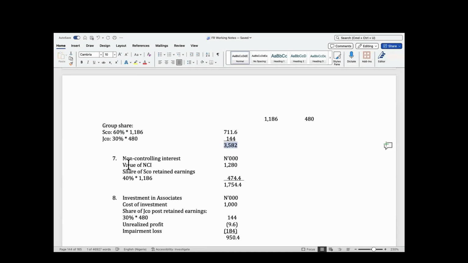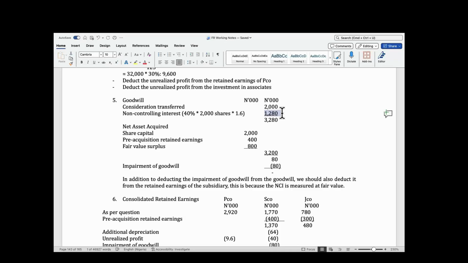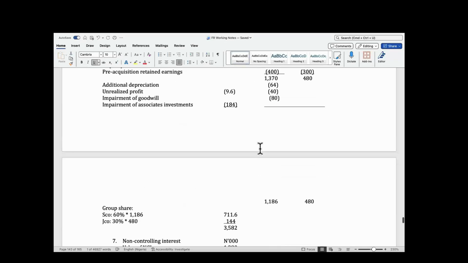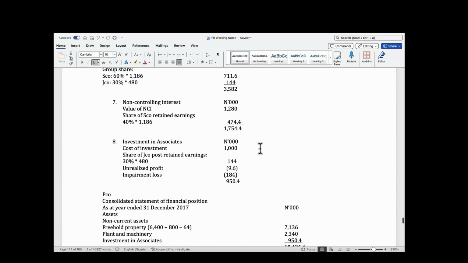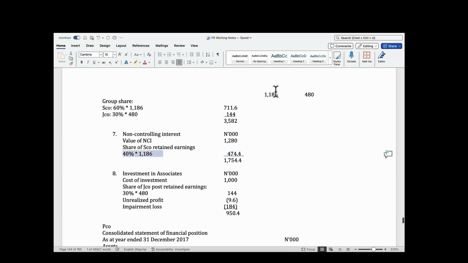Then my NCI, the value of my NCI, I usually pick it from here, 1280. Then it will take his own share of the retained earnings of the subsidiary, which is 40% of these 1186. So I add these two together, I get this.